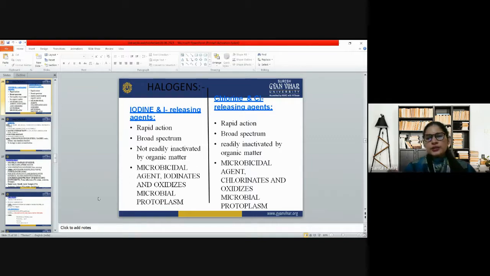When we compare it with chlorine, the chlorine releasing agent also has rapid action and broad spectrum, but is inactivated by organic matter. It is a microbicidal agent that chlorinates and oxidizes microbial protoplasm. So these are the differences between the two halogens, iodine and chlorine.